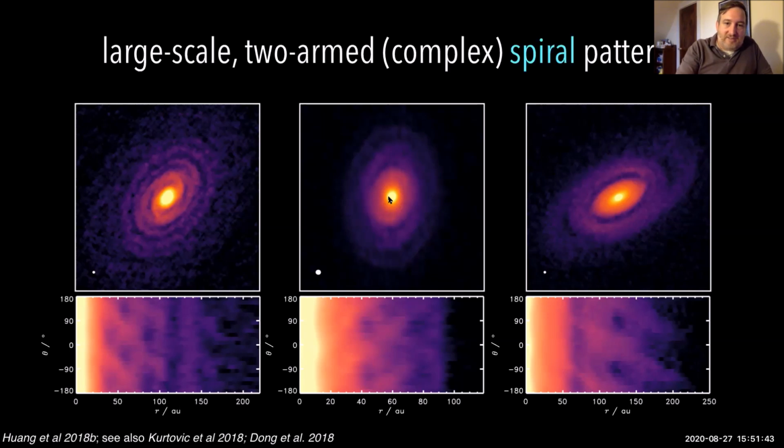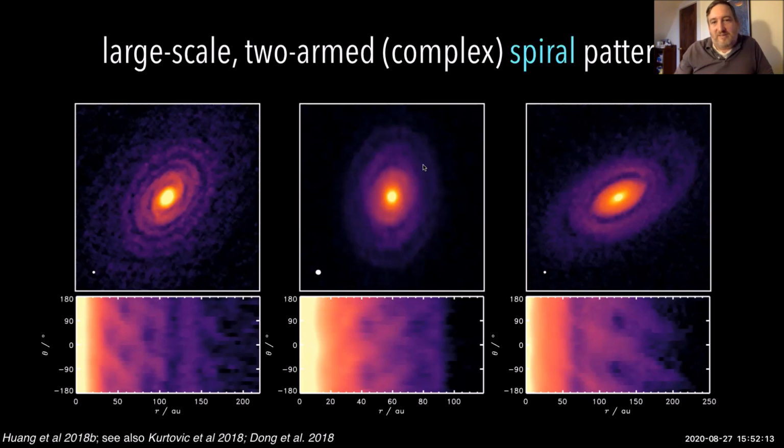In these two cases, this is WaOph 6 and this is Elias 27. To my knowledge, Elias 27 does not have a good scattered light measurement because it's deep in the Ophiuchus clouds and its optical magnitudes are very low. WaOph 6, I think, does have a scattered light measurement, and I don't believe it shows spirals, but it's not necessarily that there aren't spirals there.